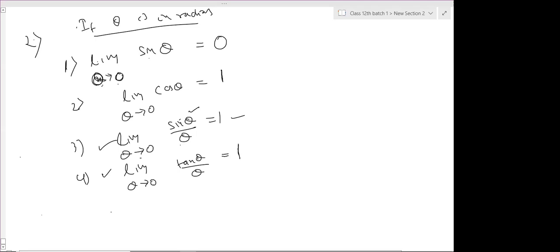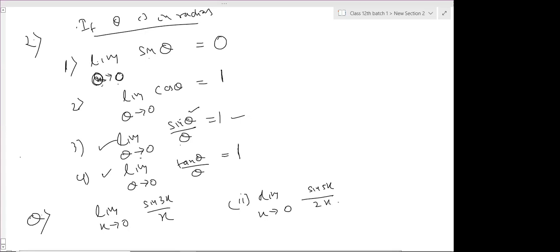Done, everyone? Done, sir. All right. Let's solve these questions. Limit x tending to 0, sine 3x upon x. Second one is limit x tending to 0, sine 5x upon 2x. Third one is limit x tending to 0, sine px upon sine bx. All right.